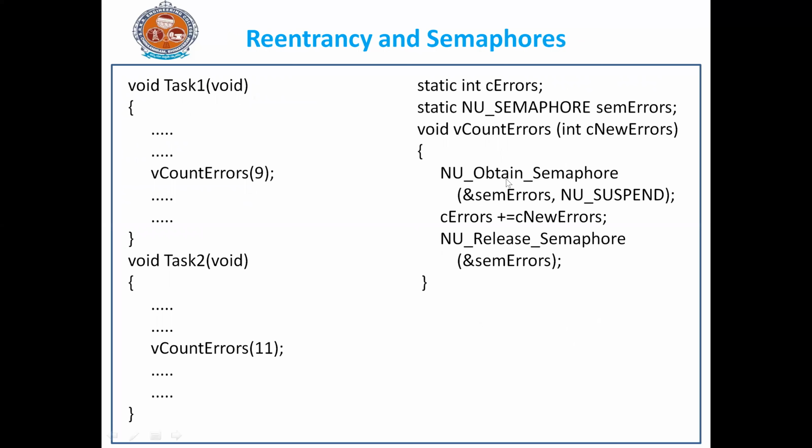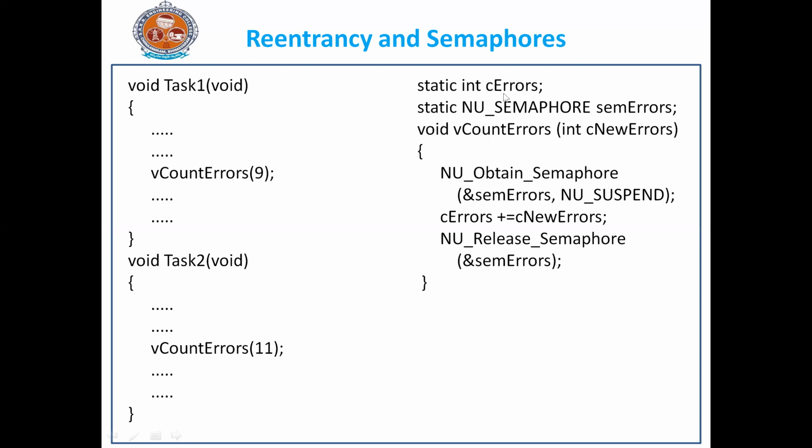Now we will see how reentrancy and semaphores work. In the previous session I already explained the same example, so you can go through that example once. There we got a problem: you are incrementing C errors, and assume the initial value is 5.